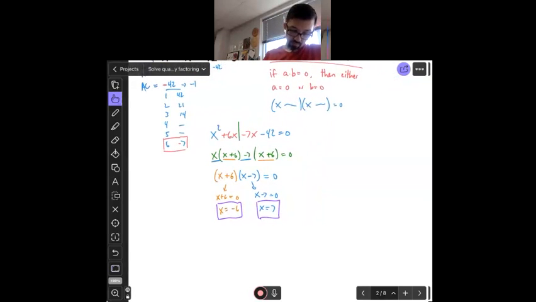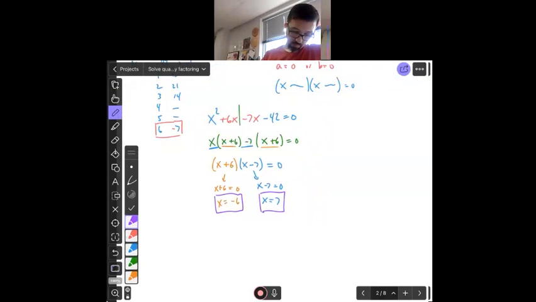So there's one new step: setting each factor equal to 0 is the new step here. The rest of it was just factoring. So once you're done factoring, you set each factor equal to 0, solve those simple equations, and those are your answers to the problem.